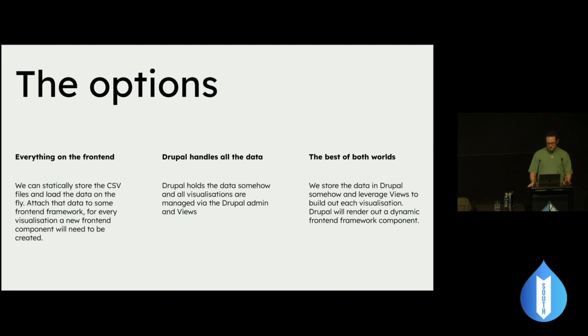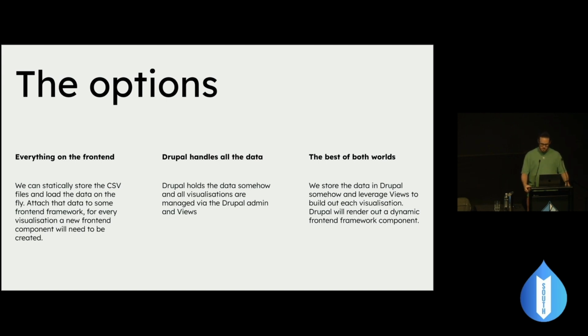We had a few options on how to solve this problem. So we could put everything on the front end and load the CSV file and process it in JavaScript. And that's an option, but if you've got a huge file, it ain't good. Drupal could handle the data. We could use feeds or something like that.